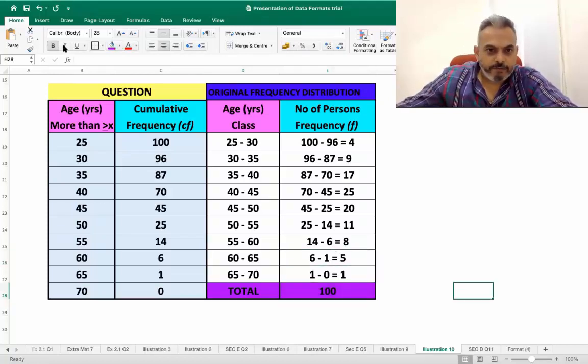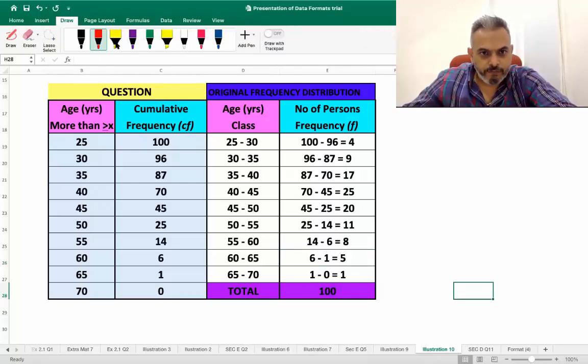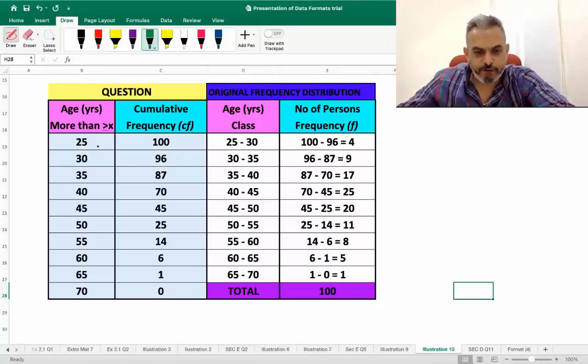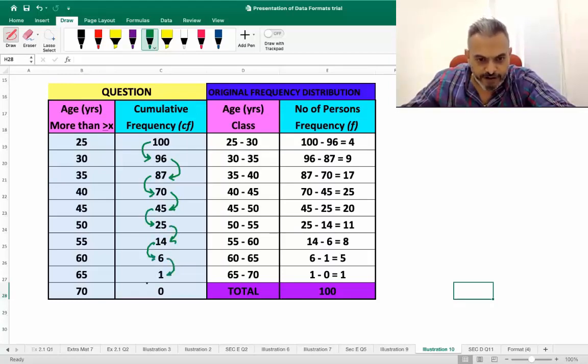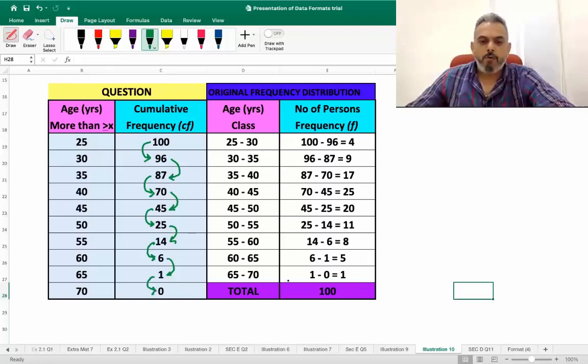Once again, we made the classes first, 25 to 30 up to 65 to 70. Then 100 minus 96, 96 minus 87, 87 minus 70, 70 minus 45, 45 minus 25, 25 minus 14, 14 minus 6, 6 minus 1, and don't forget 1 minus 0, 1.